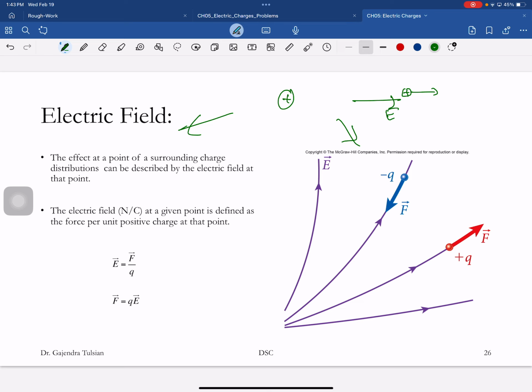Whatever creates it, that's what you need to detect it. A mass creates a gravitational field. To detect that gravitational field, you need other masses. All right. So the electric field is defined as the force per unit charge.